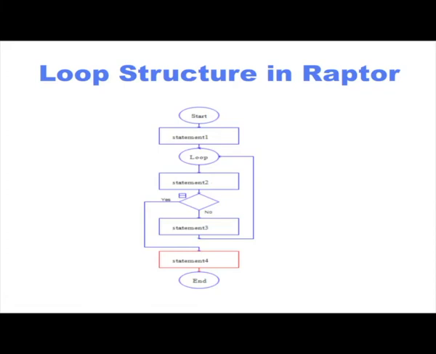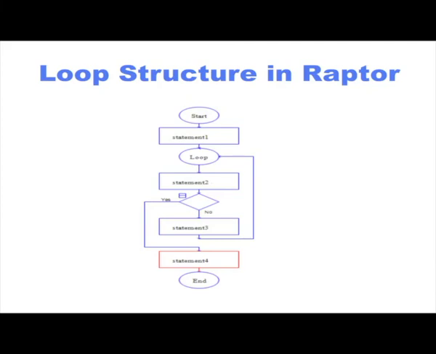If the decision expression evaluates to no, then control passes to statement 3 and statement 3 is executed next. Then control is returned back to the loop statement, which restarts the loop. Note that statement 2 is guaranteed to execute at least once and statement 3 may or may not be executed.